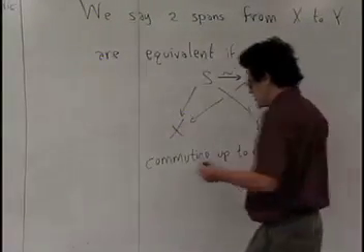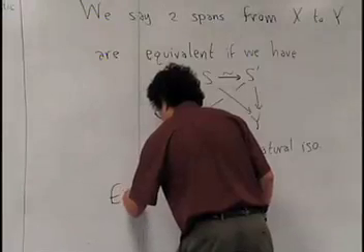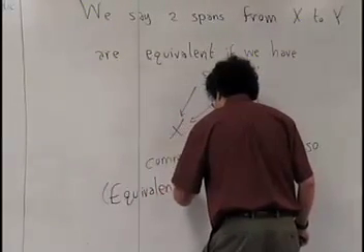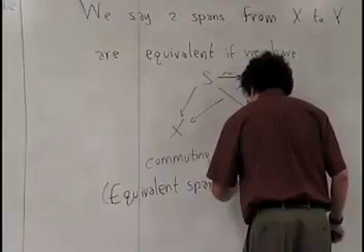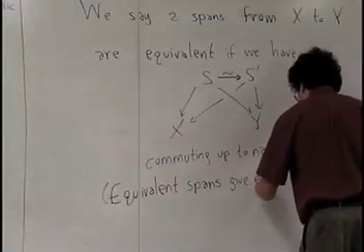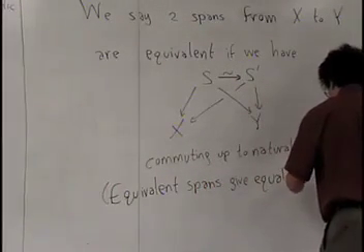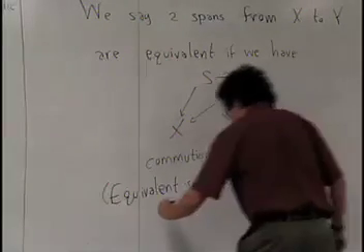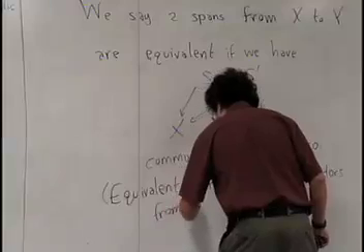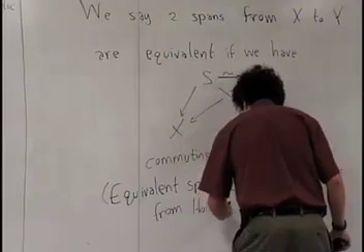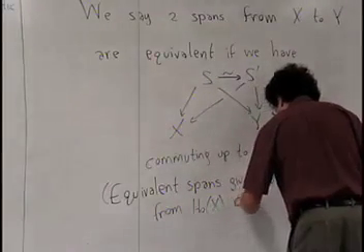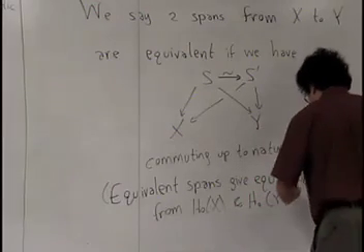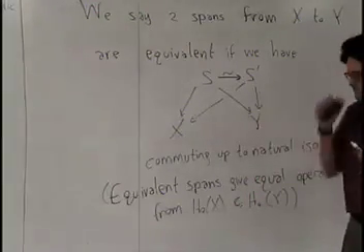So equivalent spans give equal operators. So these are things that we haven't checked, but are pretty easy to check if you grind your way through it.